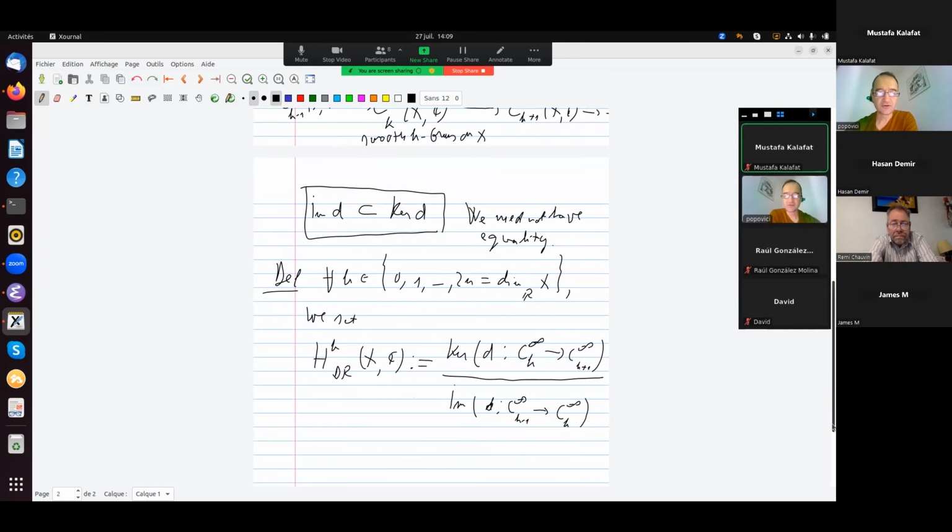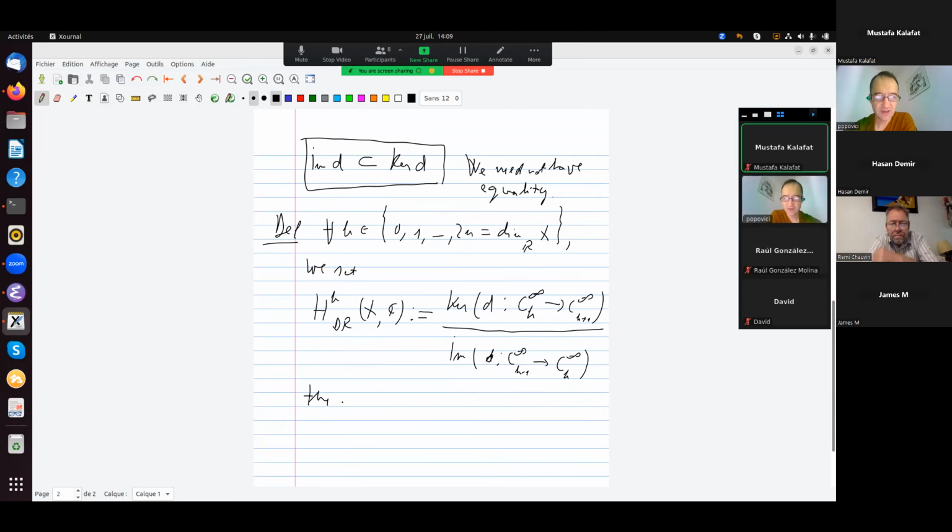So this is called the de Rham cohomology group of degree k of the manifold X. Actually, it's even a vector space. In particular, it's a group. It is even a C vector space.